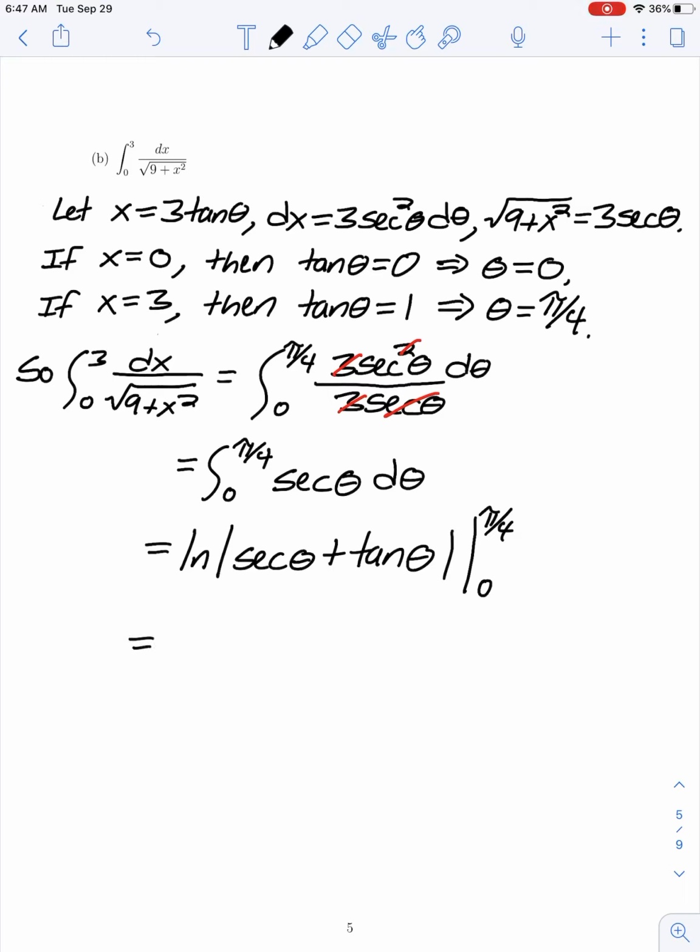So let's see what we have here. We've got the natural log of the absolute value of secant pi over 4, which would be root 2, plus tangent of pi over 4, which is 1. And then we subtract what we get when we evaluate at 0. So we would have the natural log of the absolute value of secant 0, which is 1, plus tangent of 0, which is 0.